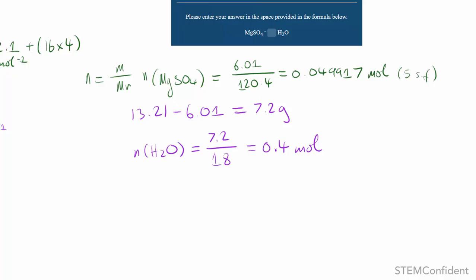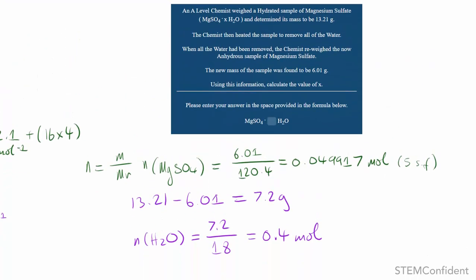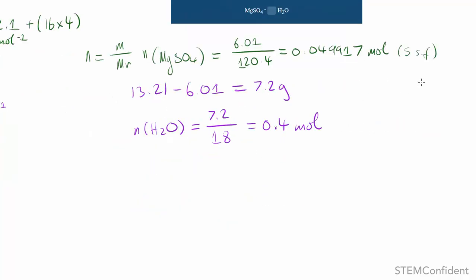Looking at the formula, on the left-hand side we've got the magnesium sulfate and on the right-hand side we've got the H2O. So I'm going to put the magnesium sulfate moles on the left-hand side when setting up this molar comparison.